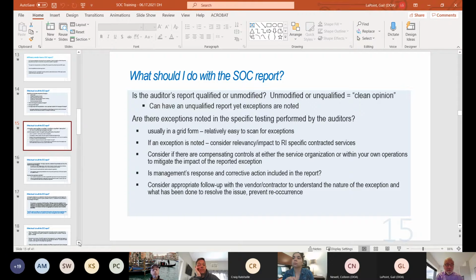Quick case in point, Bank of New York Mellon, I think, has maybe 3 or 4 different SOC reports that cover different divisions within the overall Bank of New York Mellon global organization. So you have to be careful sometimes and make sure that you've got the right SOC report that relates to the activities that they're providing for you.